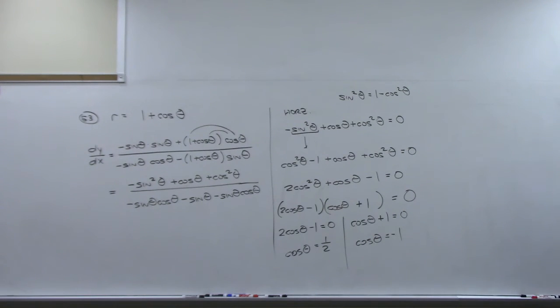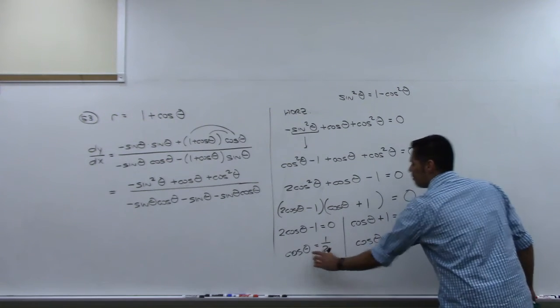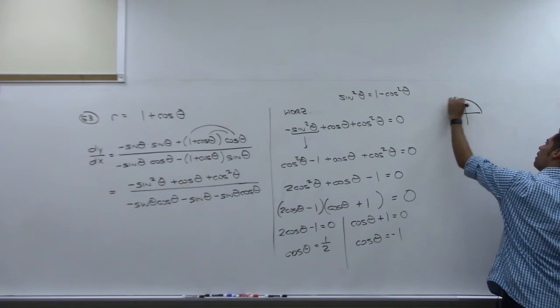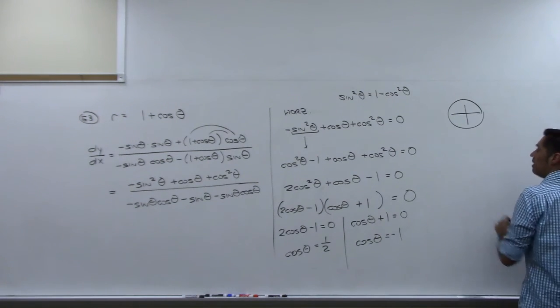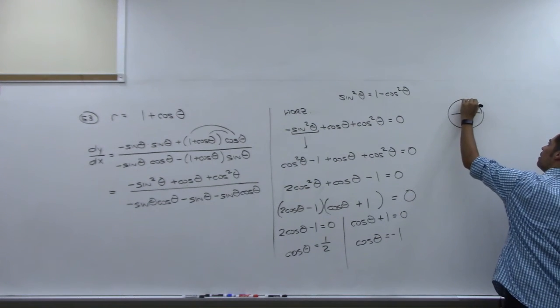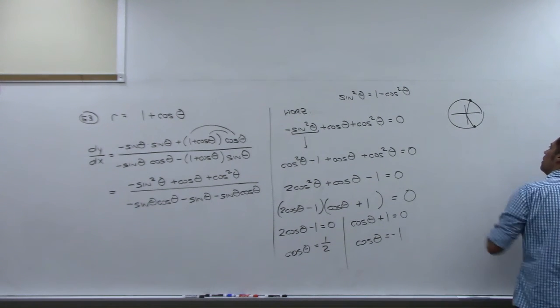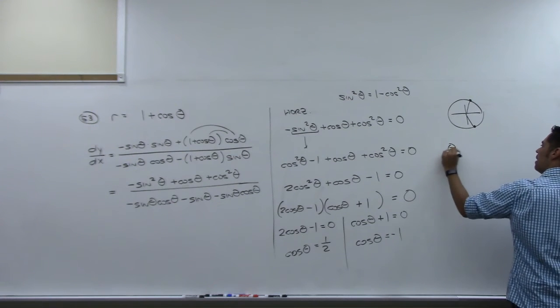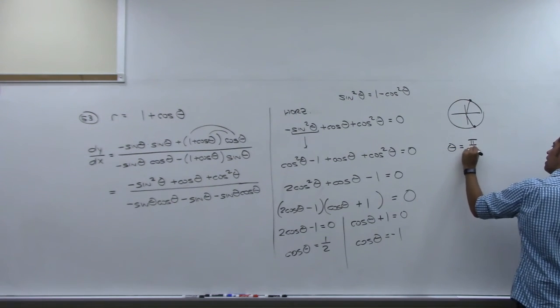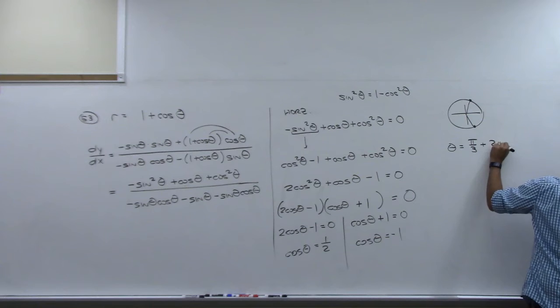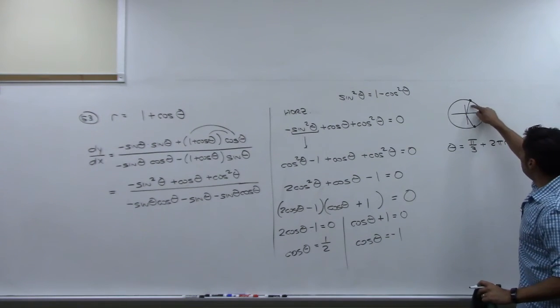And now some general solutions. Where is cosine theta 1/2? Cosine is the x-coordinate. I need it to be positive 1/2. That happens here, and that happens here. So theta can be pi over 3 plus 2 pi n. There's no way to get from this one to this one easily.